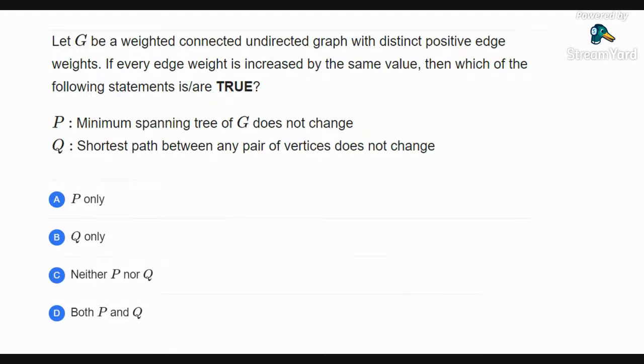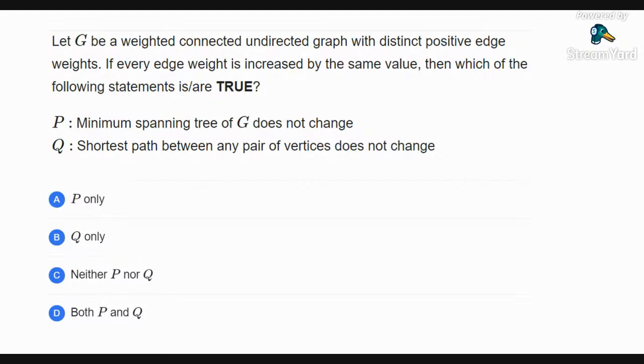Second thing, the shortest path between any pair of vertices does not change. So this is not true, because we are increasing the weight. The shortest path itself might not get changed, but it is possible that the length of the shortest path will get changed.